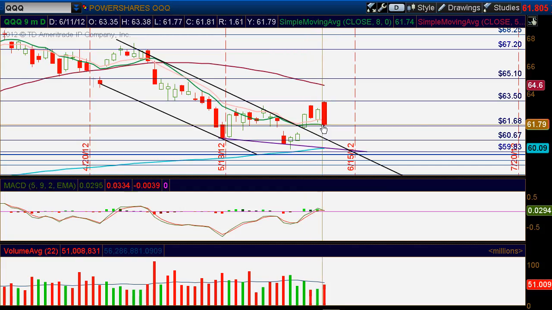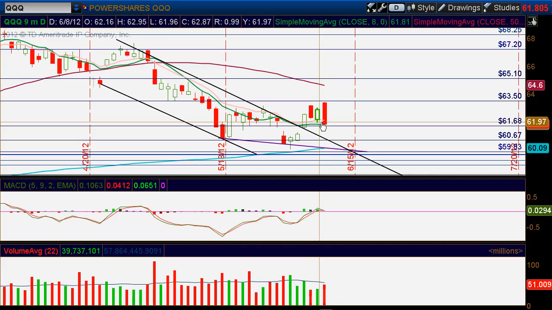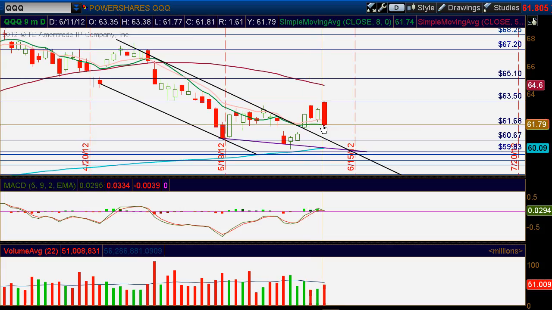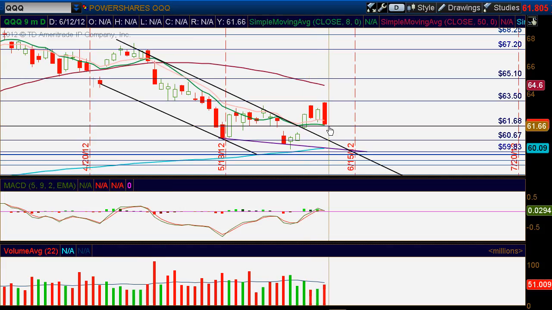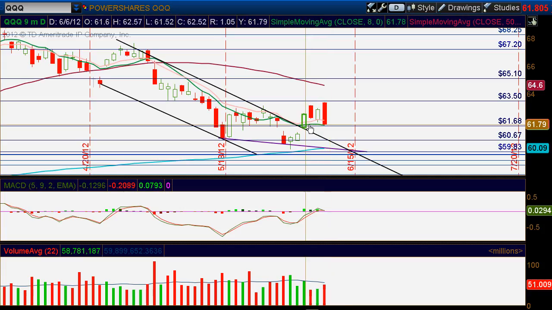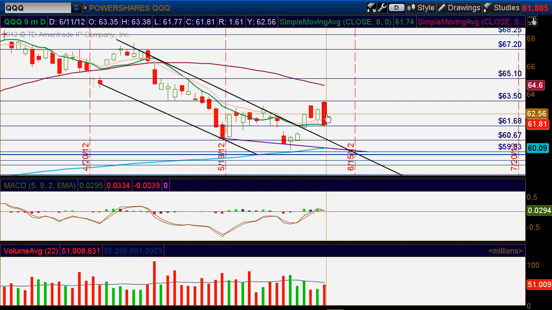The green line is the 8 moving average. That is my favorite one, and you may already know that. And then we are also stopping at this area of support down here, 61.68. So that is what we see happen today.